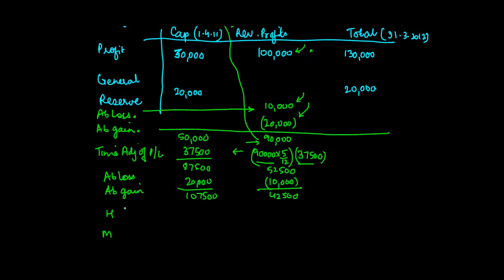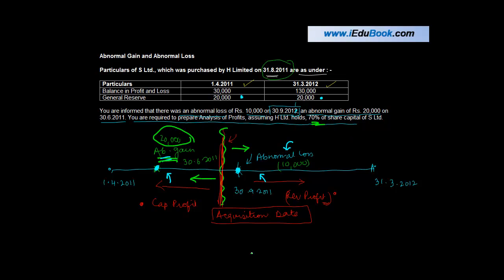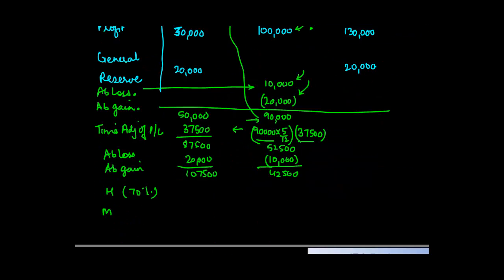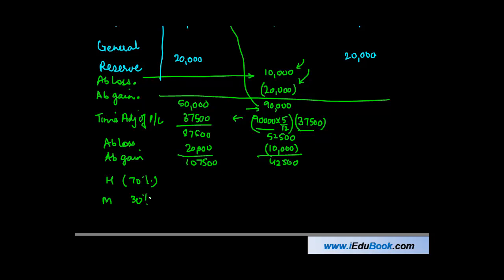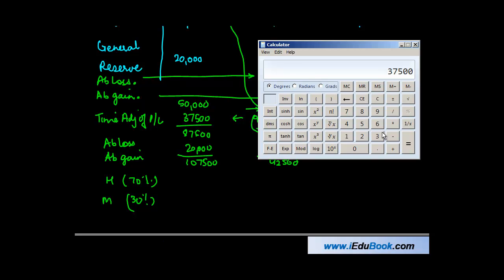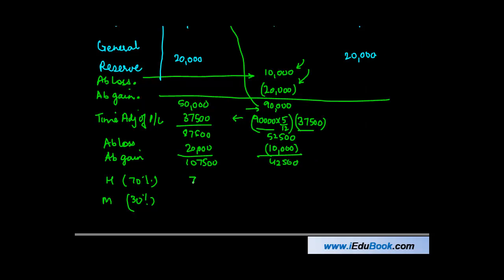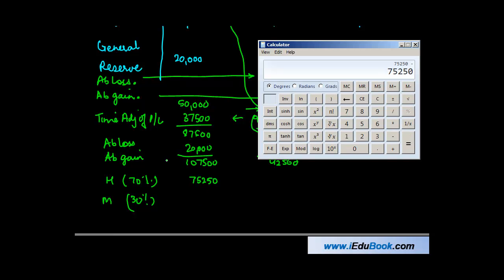We have holding and minority. 70% is the stake given in this particular question, so that means 30% goes to the minority. Let's have the calculator, please. 107,500 into 0.7 is equal to 75,250. If you reduce this from 107,500, you get 32,250.